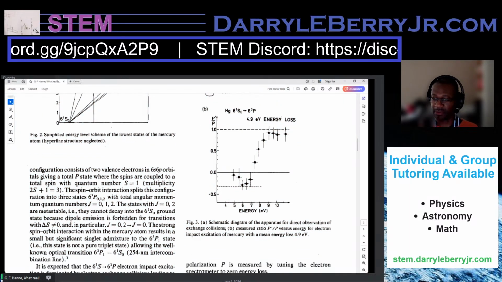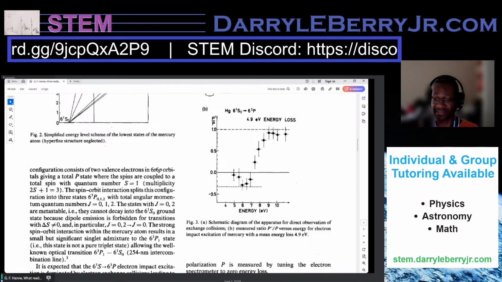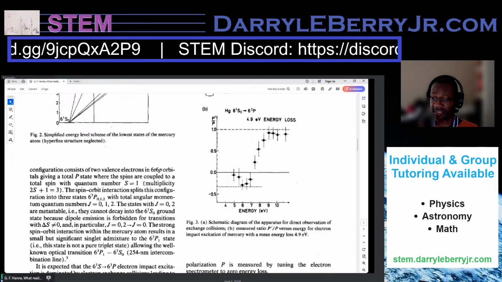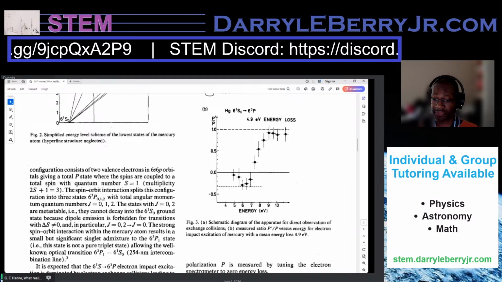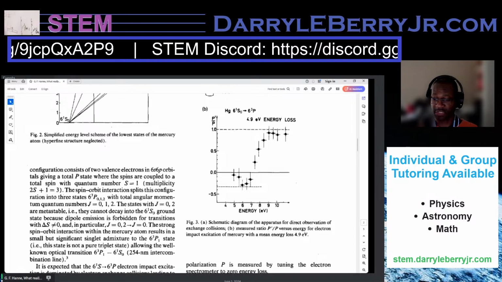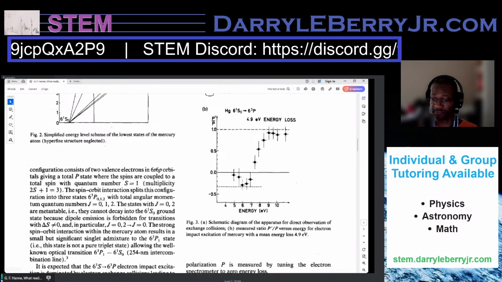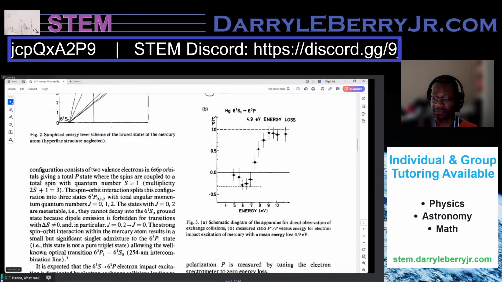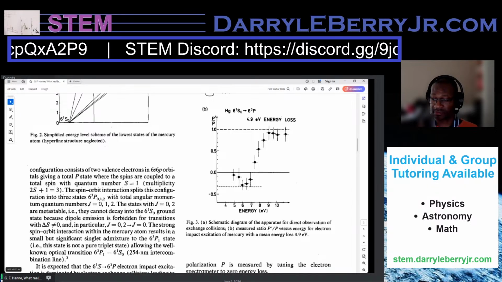The states with J equals 0, 2 are metastable, which means they cannot decay into the 6 1S0 ground state because dipole emission is forbidden for transitions with change in S equals 0, and in particular J equals 0 to J equals 0.